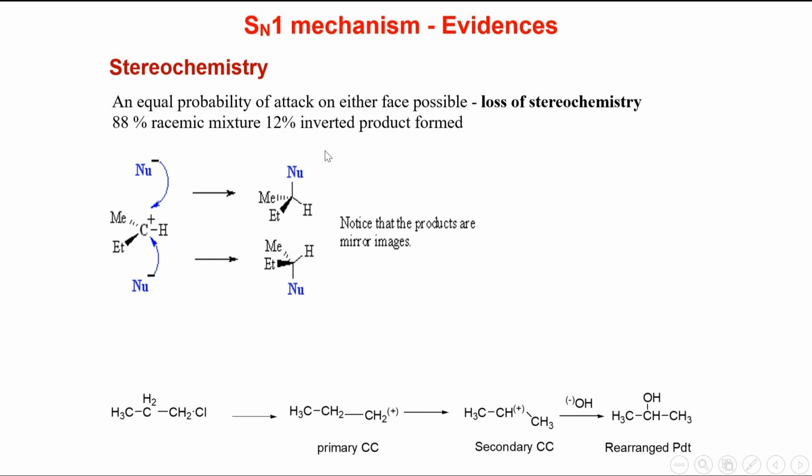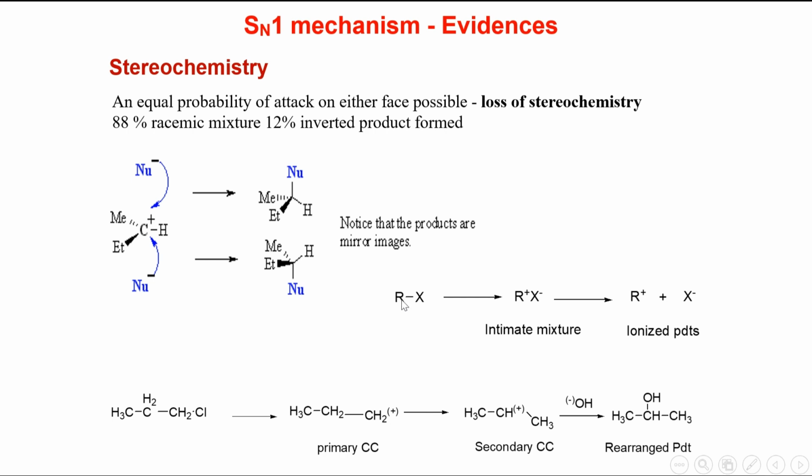Inverted product is formed when attack takes place from backside. When attack takes place from front side, it gives a normal product. Why? How can we explain this? It is explained like this. RX, alkyl halide, dissociates to form the ionized product R plus and X minus. It does not directly get ionized. First, it forms an intimate mixture.